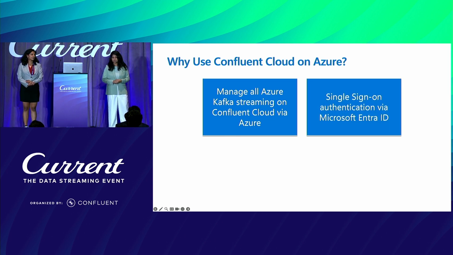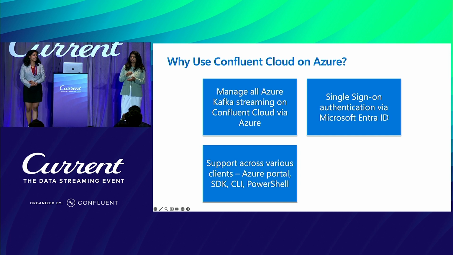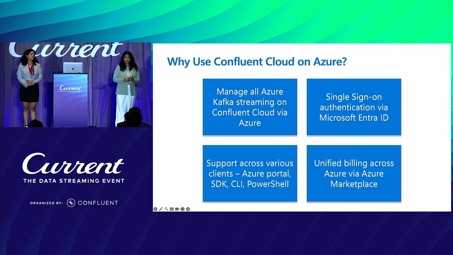You can have a single sign-on feature. When I say single sign-on, it's deeply integrated with Azure AD, and we even call it a single click experience as well. We have support for different Azure services. We can use these resources using Azure Portal, CLI, as well as PowerShell. And yeah, you have unified billing across all the Azure resources.